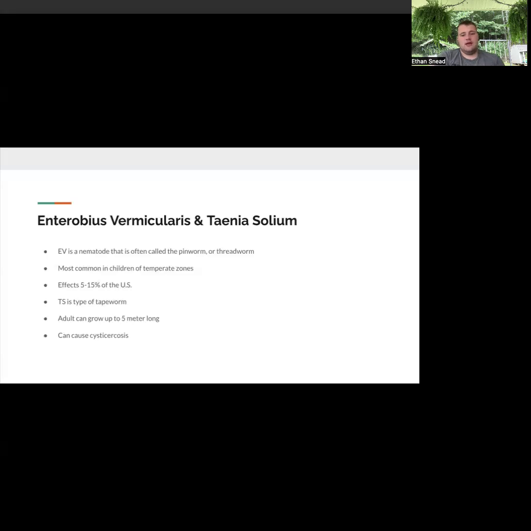It can also cause cysticercosis, a condition in which the larvae of the tapeworm TS become embedded inside the human tissue and start reproducing there as well.